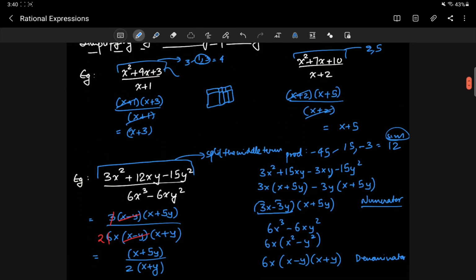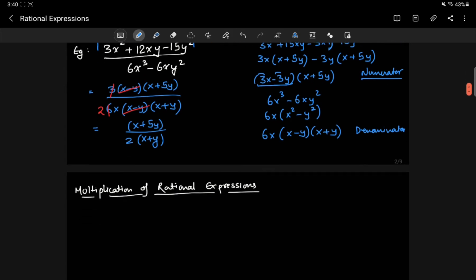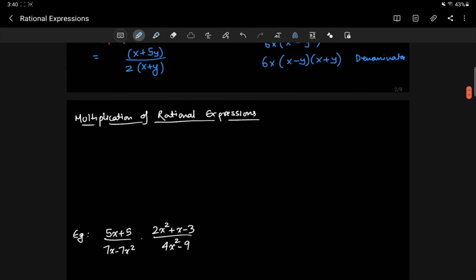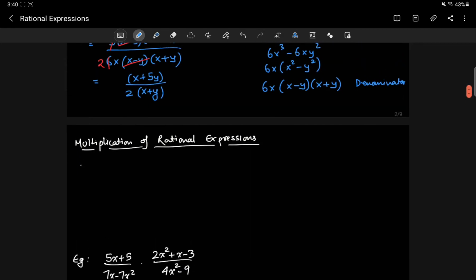All right. So this is going to appear again and again because now we're going to move ahead and do some algebra with these functions. So, multiplication of rational expressions. What you want to do is write each numerator and denominator in a factored form.